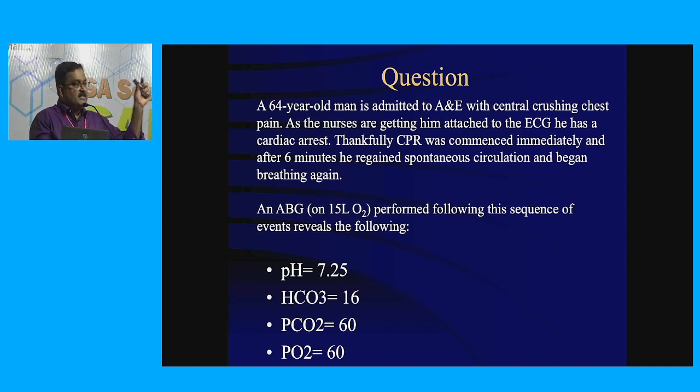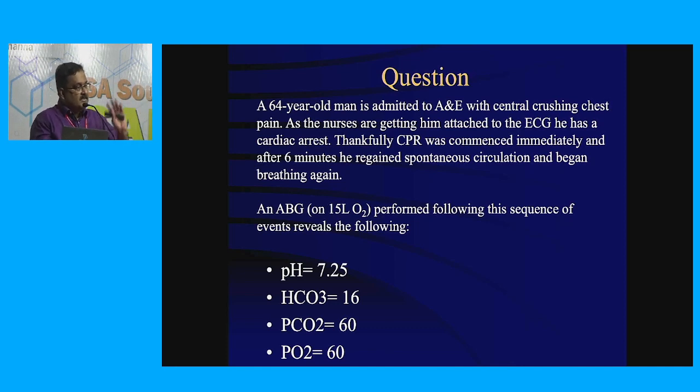What is the percentage change in bicarbonate? 24 minus 16 by 24, 8 by 24, that is 1/3, 33%. What about the change in PCO2? 50%. So which is the primary component? It is respiratory acidosis, because it is having a more percent change.